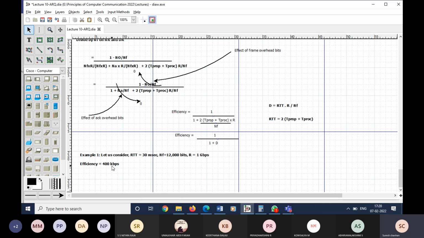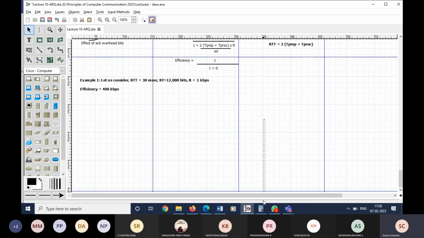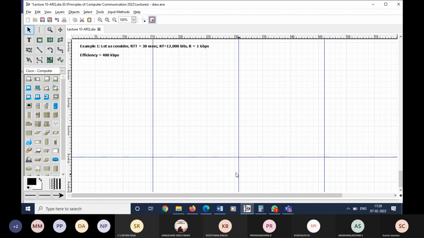So it's not an efficient method to employ in the real time scenario. Correct. So this is the reason in real time we are not using the stop and wait protocol for transmission of the frames. We are using some other ARQ protocols we will be seeing in future slides.